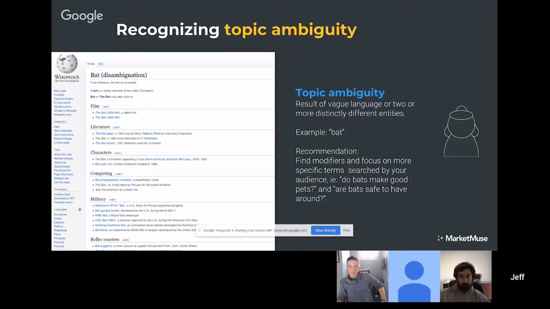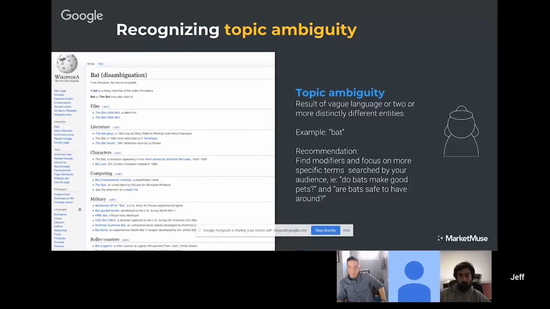You can go look them up in the natural language processing field. There's a lot of work being done by a lot of people, like our team at MarketMuse, but also some really amazing researchers in the field, really thinking critically about what does it mean to be about this thing? Well, I've got to know what type of this thing I'm actually looking up.